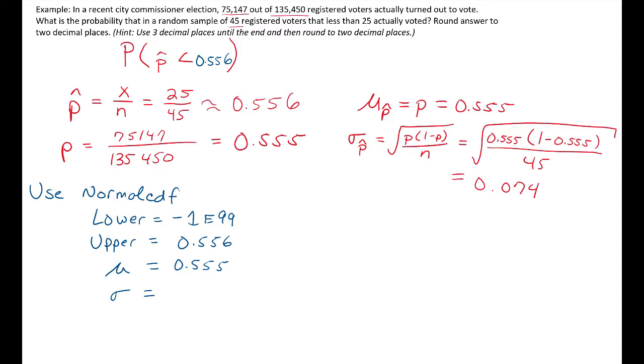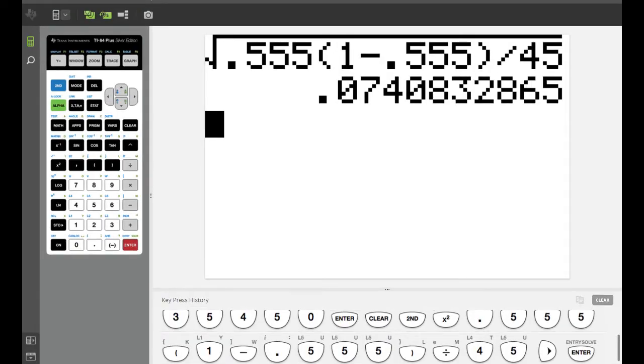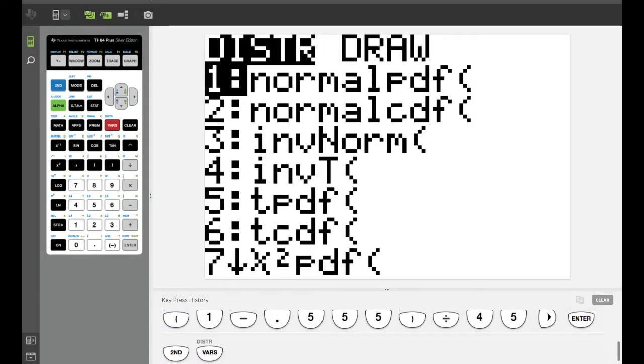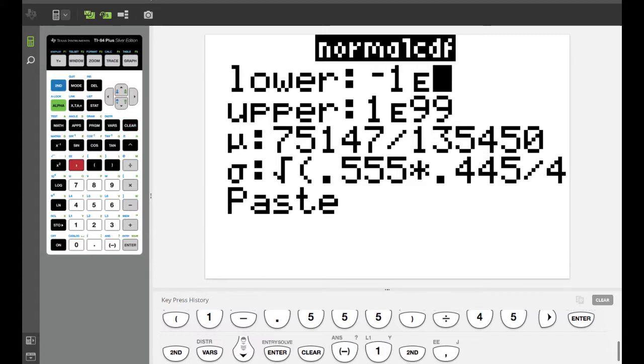And this standard error is what we're going to use in normal CDF to calculate our probability. So here we go, putting everything into the calculator. Second vars, normal CDF. Okay, our lower bound, let's clear this out here. Our lower bound is -1E99.